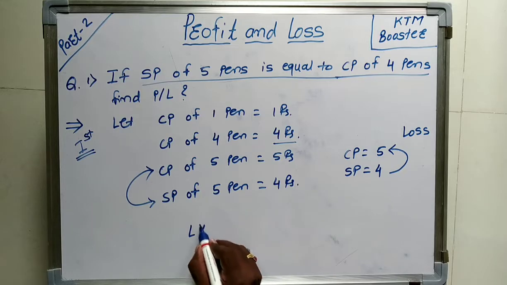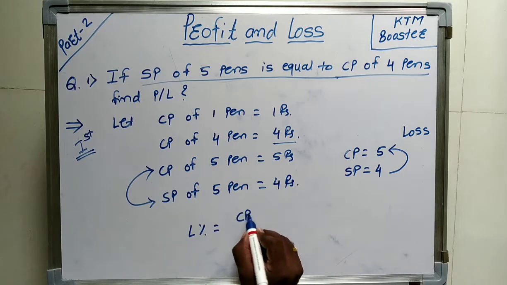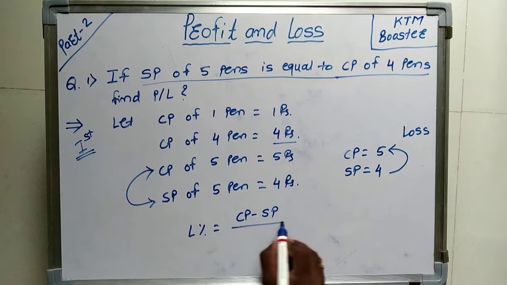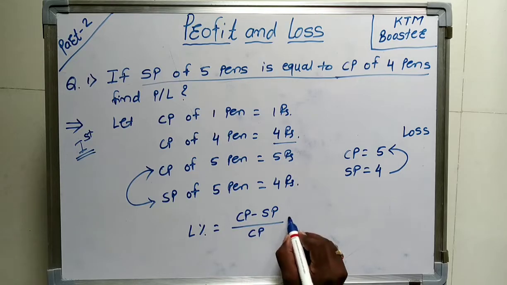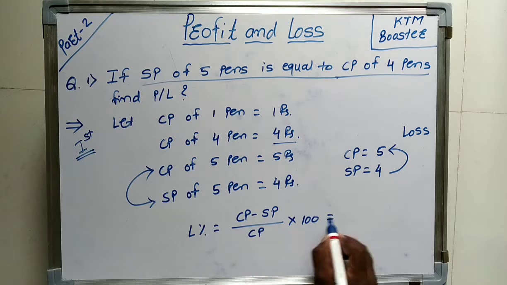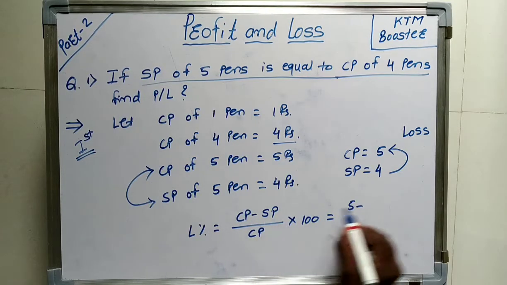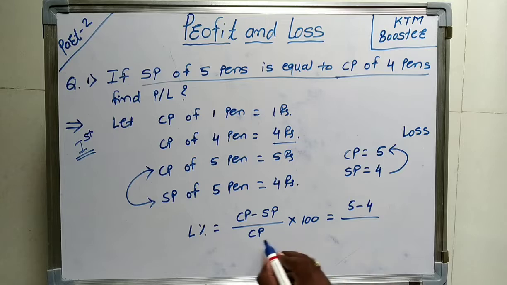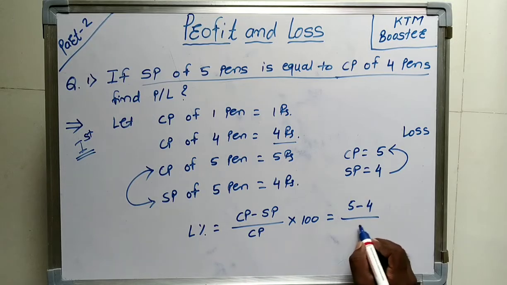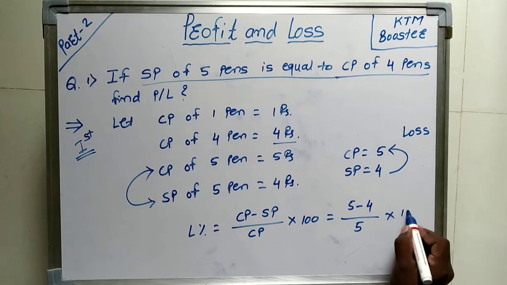So loss percent is equal to CP minus SP upon CP multiplied by 100. CP is 5, SP is 4, divided by CP, which is 5, multiplied by 100.